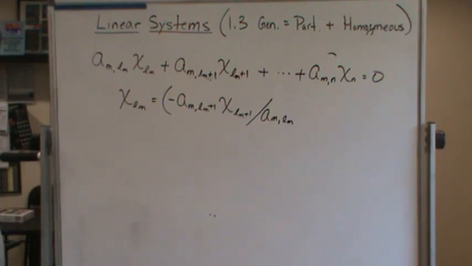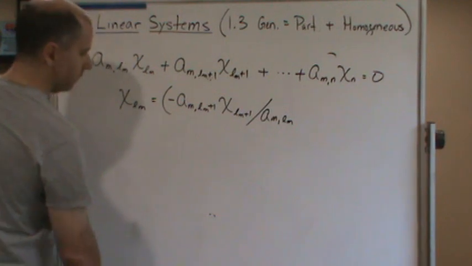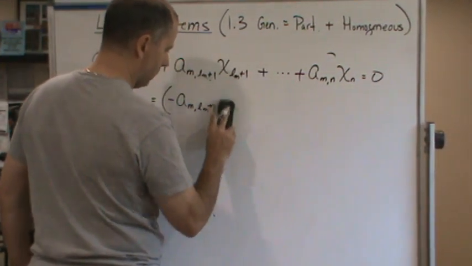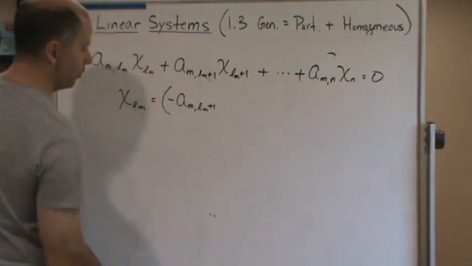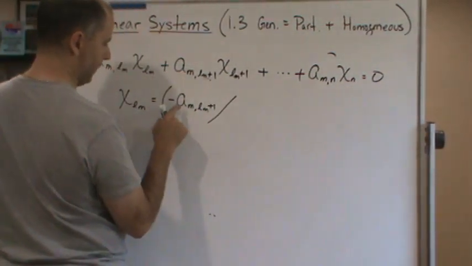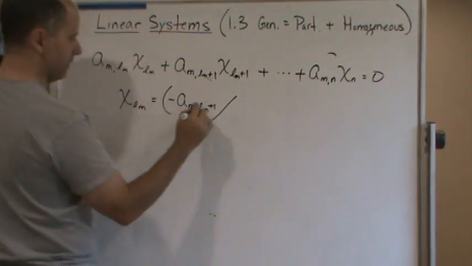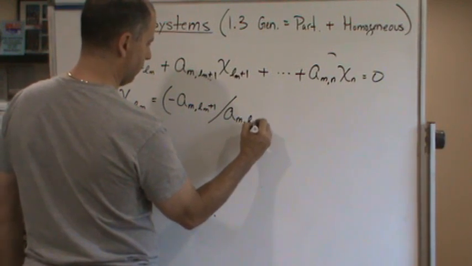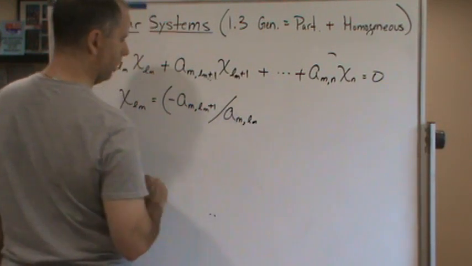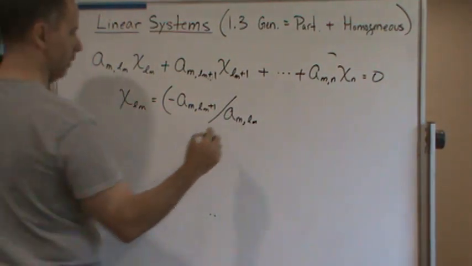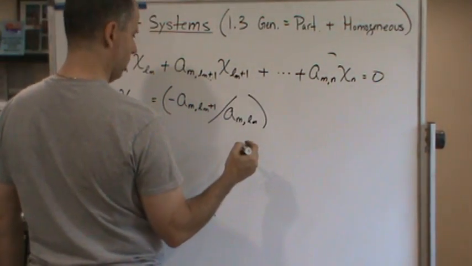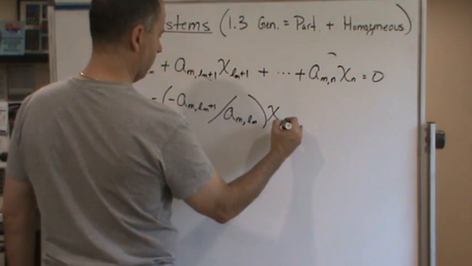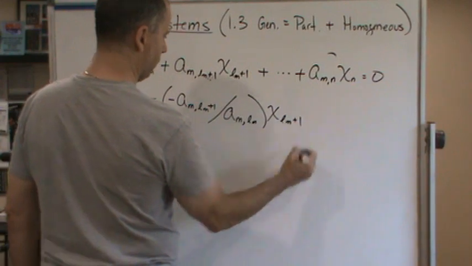We can then simplify this a little bit more, and let's pull this variable out so we can see what the new variable is going to look like. This will actually be this number divided by this number, so it'll be a sub m comma L sub m plus 1 over a sub m comma L sub m, times x sub L sub m plus 1.